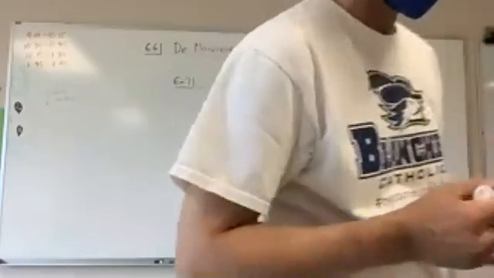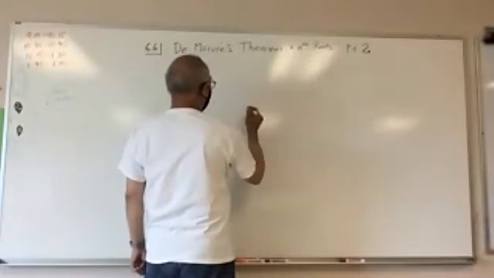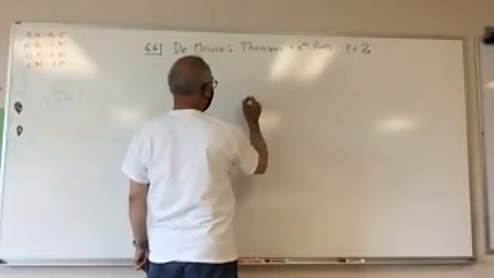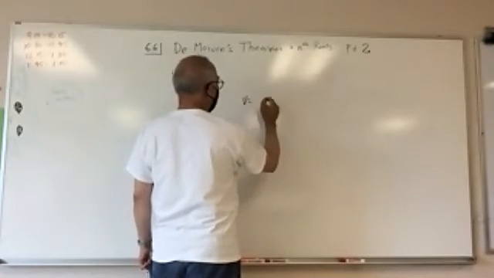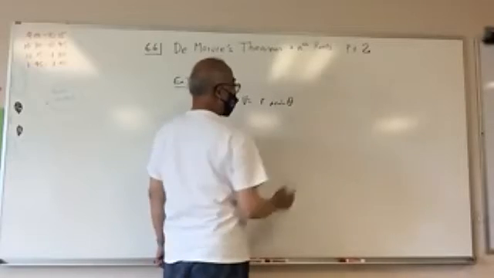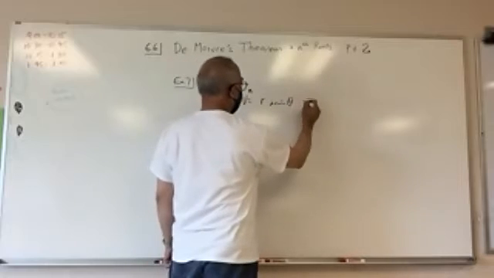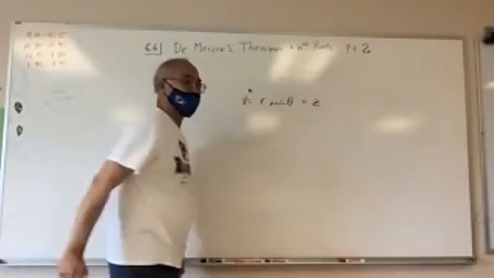Okay. So let's say that we had v is equal to r cosine theta plus i sine theta. And I told you that this to the nth is going to be equal to z, right?